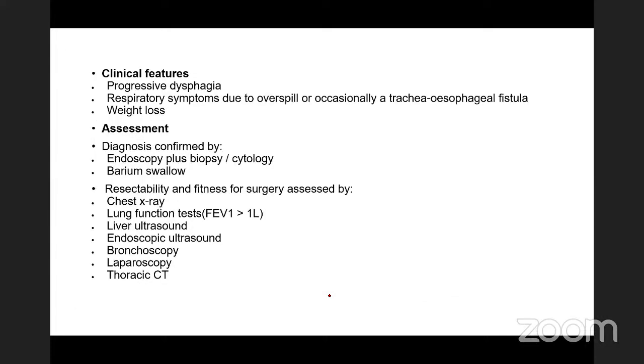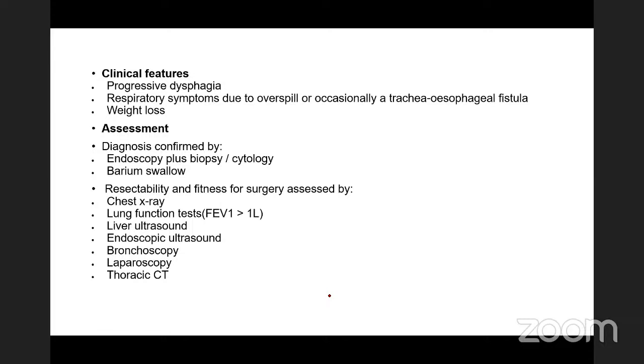The clinical features of carcinoma of the esophagus: they have progressive dysphagia. Respiratory symptoms due to overspill or occasional tracheoesophageal fistula. They have weight loss. Now, to confirm your diagnosis, you do endoscopy and take a biopsy for histology or cytology at least.